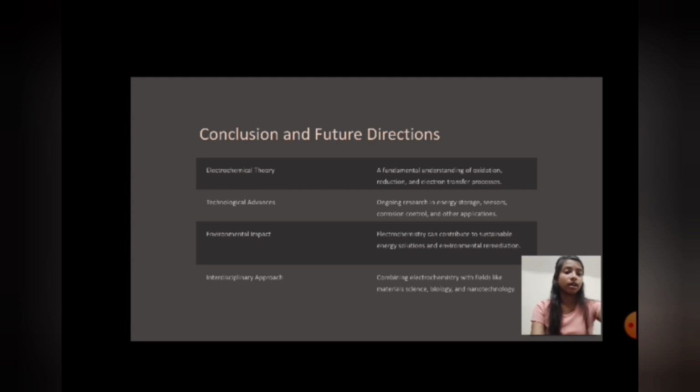Environmental impact. Electrochemistry can contribute to sustainable energy solutions and environmental remediation. Interdisciplinary approach. Combining electrochemistry with fields like materials science, biology, and nanotechnology.